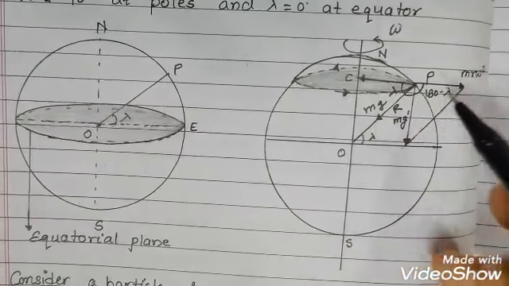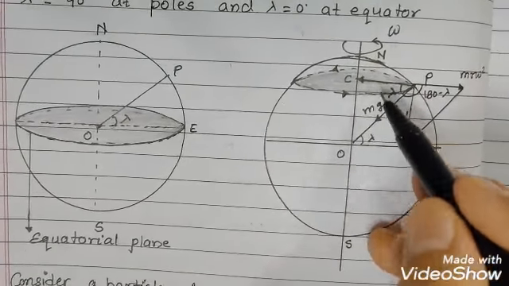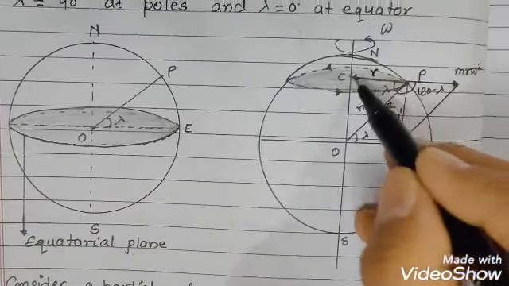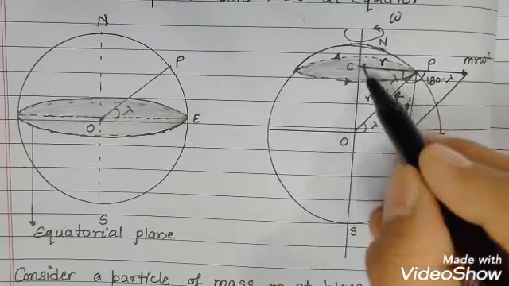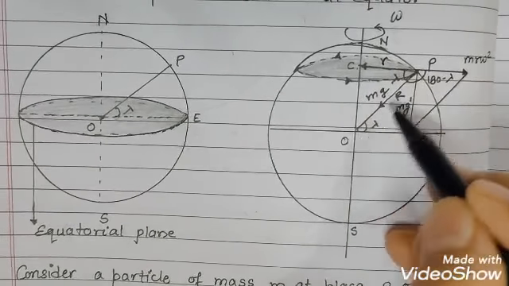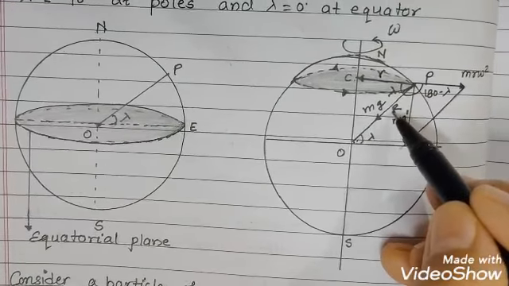The particle at P also rotates and describes a horizontal circle of radius r. This is r, this one, PC, is r. Now you can see PC is r and this is a triangle PCO. Here OP is capital R, the radius of the earth.